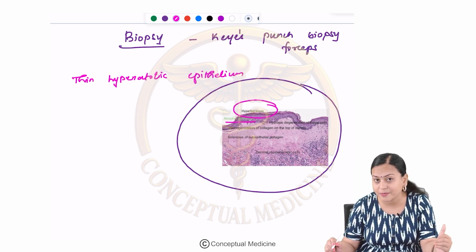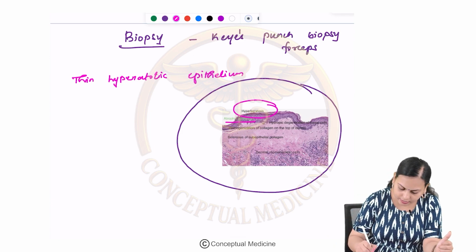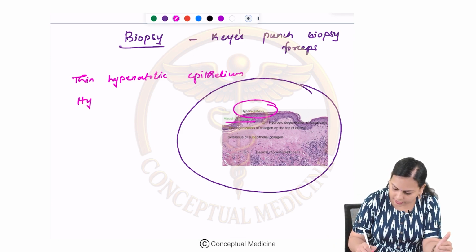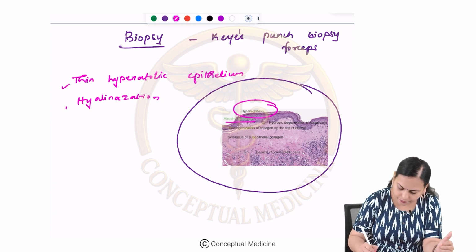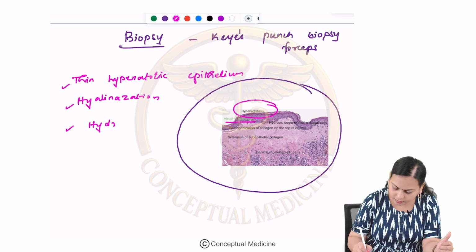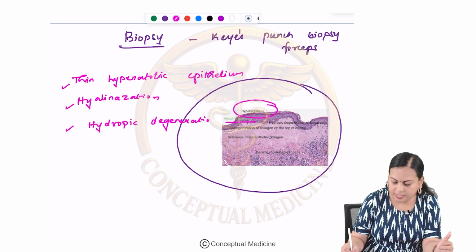That means the epithelium has become thin. Then you will also be seeing hyalinization or hydropic degeneration of the basal cells.